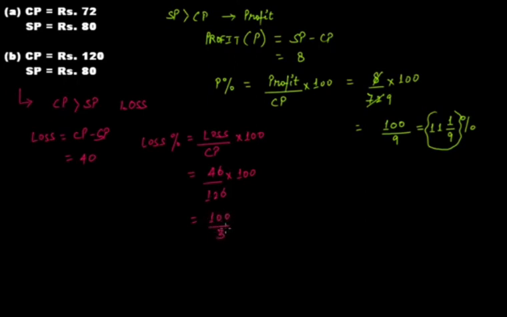Again, it depends on you whether you want to write it in the form of a decimal number or in the form of a mixed number. So I write it in the form of a mixed number. So this is the loss percentage and this is the profit percentage for these two different questions.